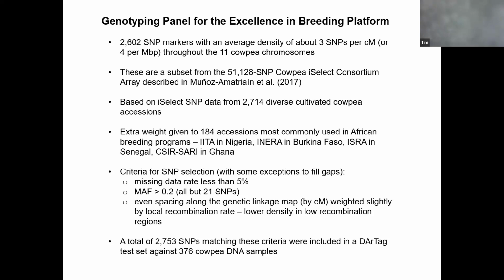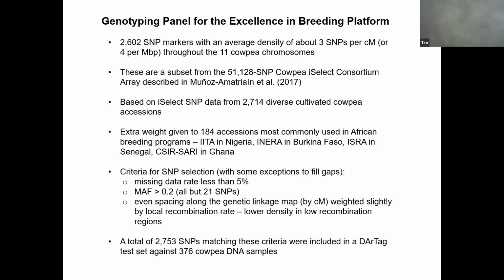These SNPs were chosen as a subset of approximately 50,000 SNPs that are on the Illumina iSelect cowpea consortium array that was developed in 2014 and described in a 2017 publication from our cowpea team of researchers at UC Riverside and breeding teams at IITA in Nigeria, INERA in Burkina Faso, ISRA in Senegal, and CGIAR SARI in Ghana.